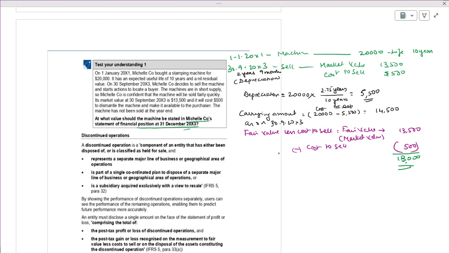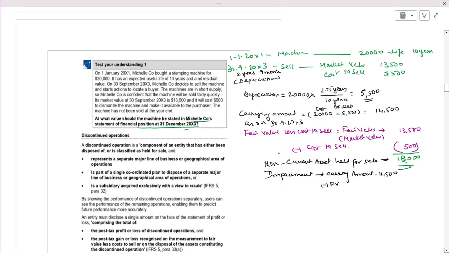This is non-current assets held for sale. Now, what is the impairment? Carrying amount is 14,500.